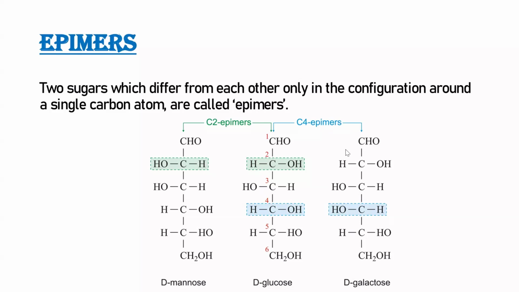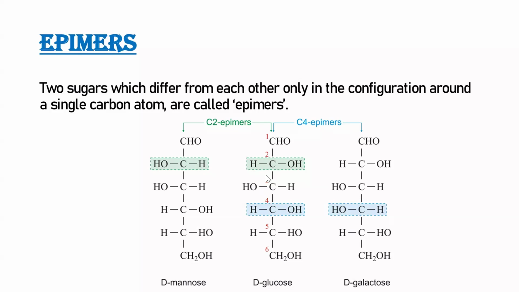So that tells you that at carbon 2, it's only this OH group. If you look at it, all other groups attached to the mannose and the glucose are the same. The only difference is the orientation of the OH group around carbon 2.